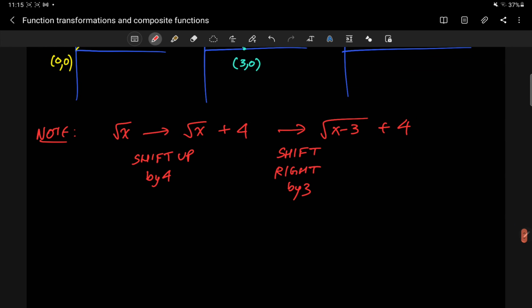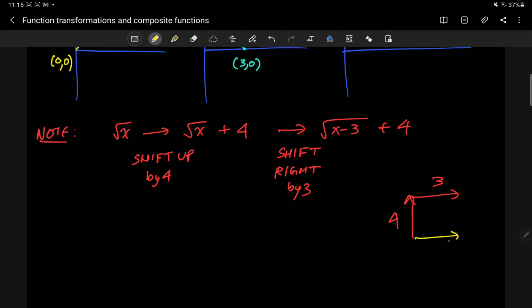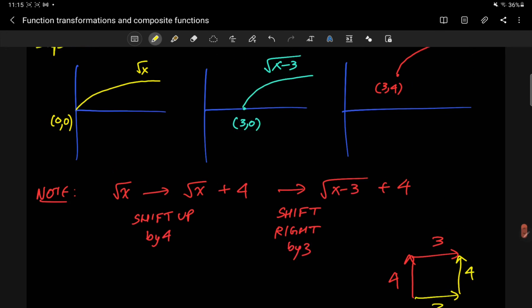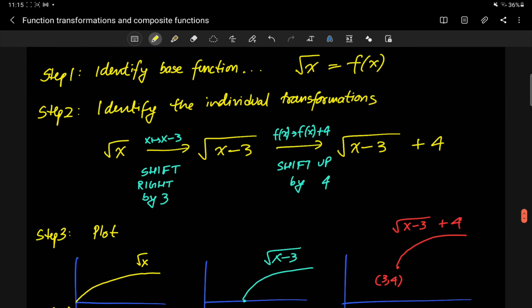Shifting up by 4 and then right by 3 gets you to the same place as shifting right by 3 and then up by 4. So they work out fine no matter what order you do them in. What is important is that the transformation x to x minus 3 is a right shift and the transformation f of x to f of x plus 4 is an up shift.